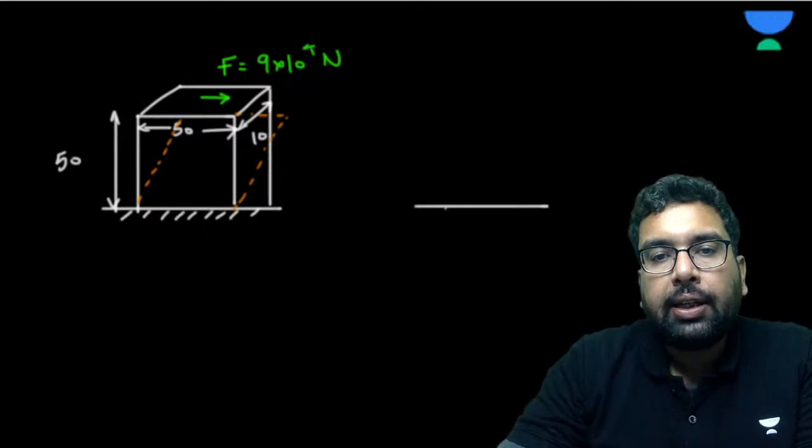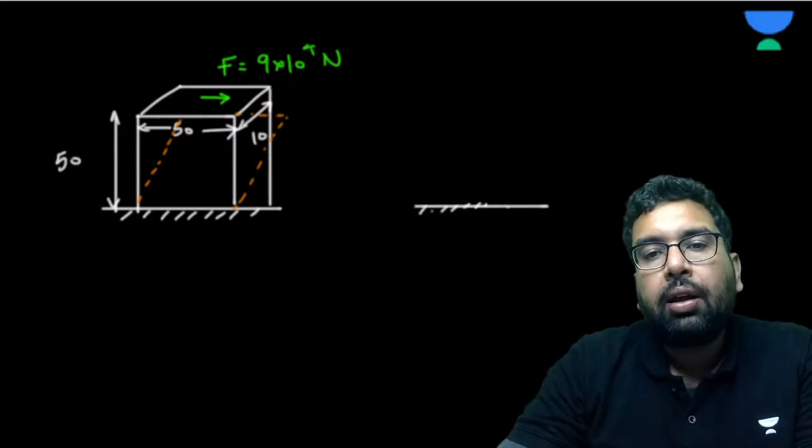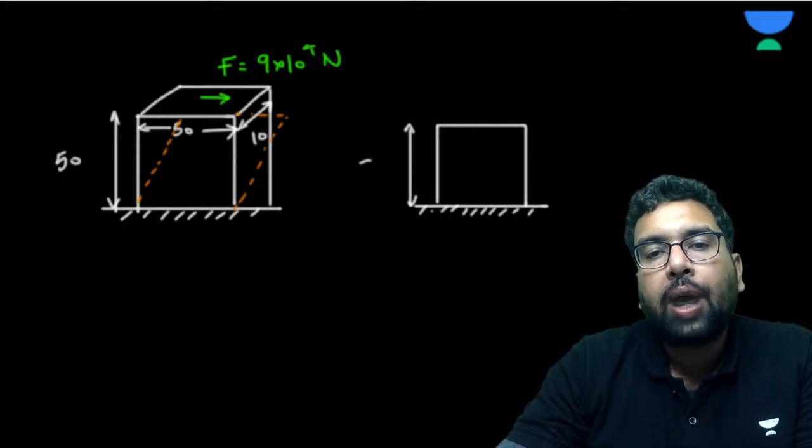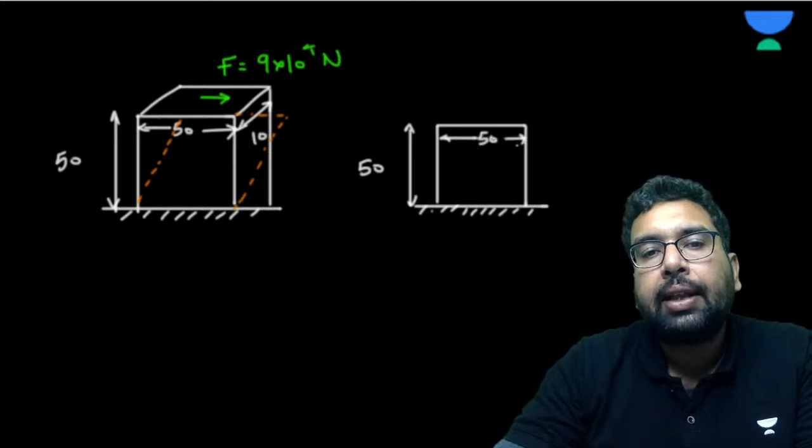See, it says that it is riveted at the ground, that means it is fixed, right? And now this is a square of 50. So this is 50, this is 50, and the thickness is 10. Sir, how do you realize the thickness will be like this?